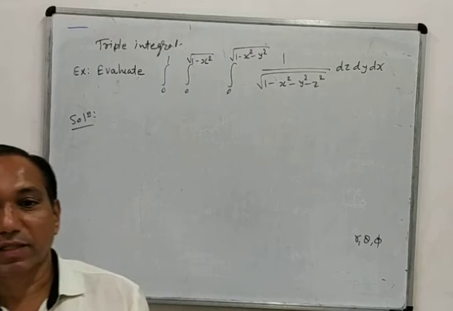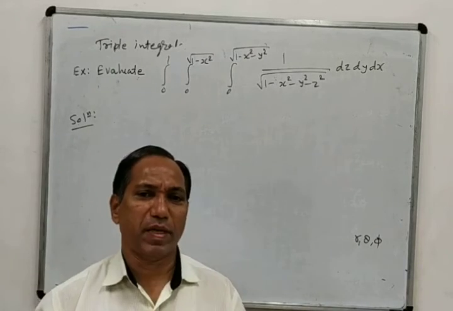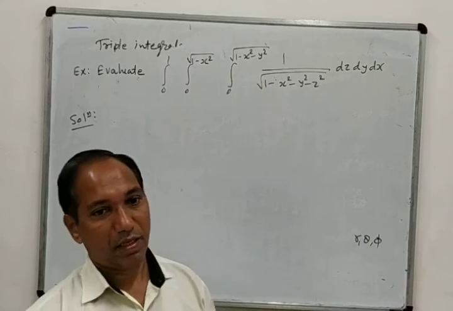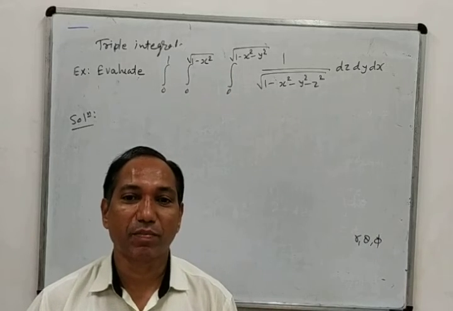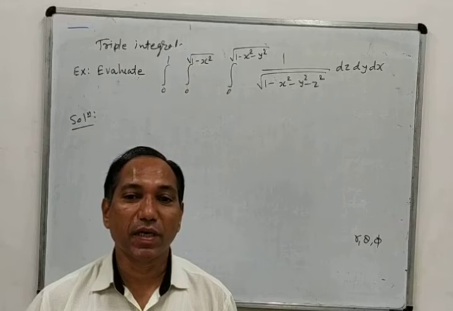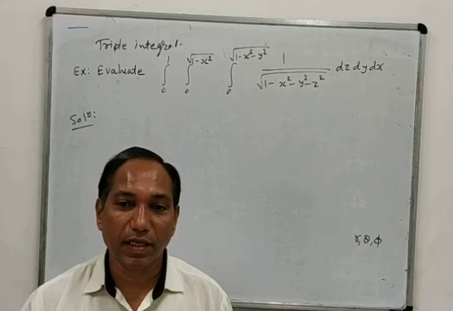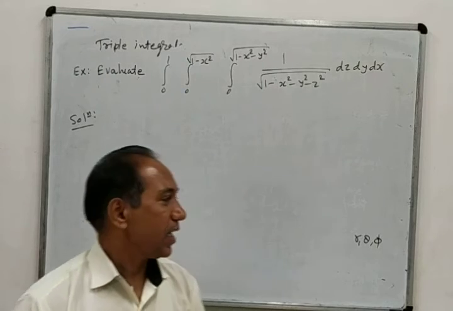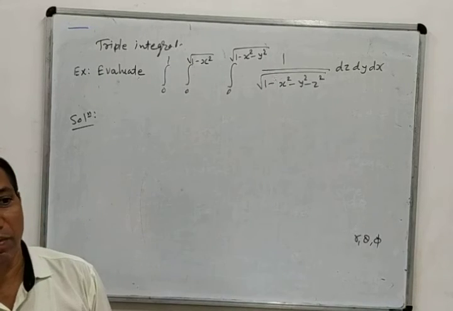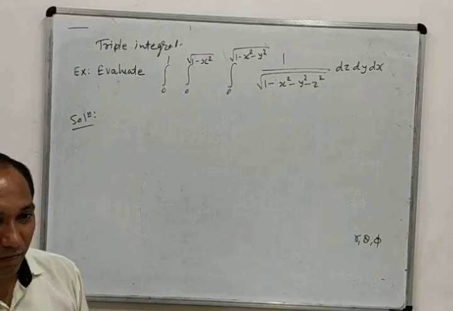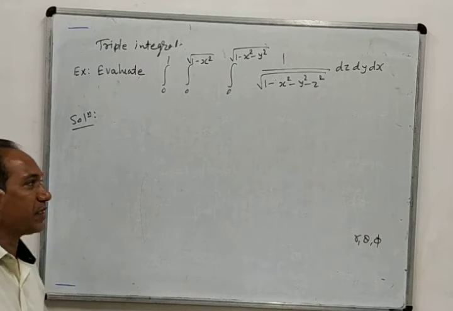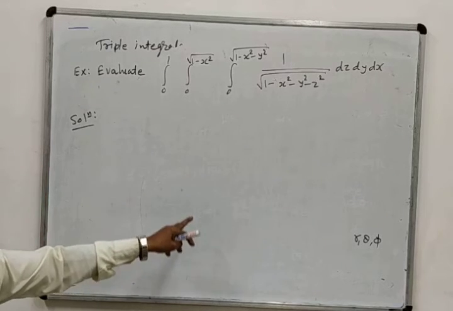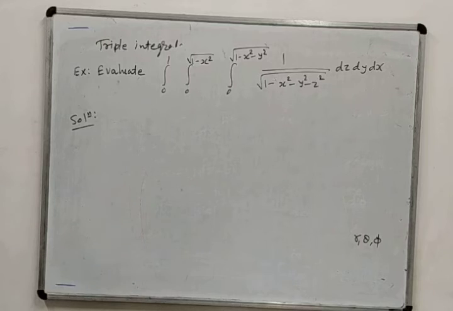In this lecture we are considering only those problems with given limits, but next time we will consider problems without given limits. That means we will have to determine the limits as we did for double integrals, and for that we will need to draw a figure in three-dimensional space as discussed at the start of this lecture.